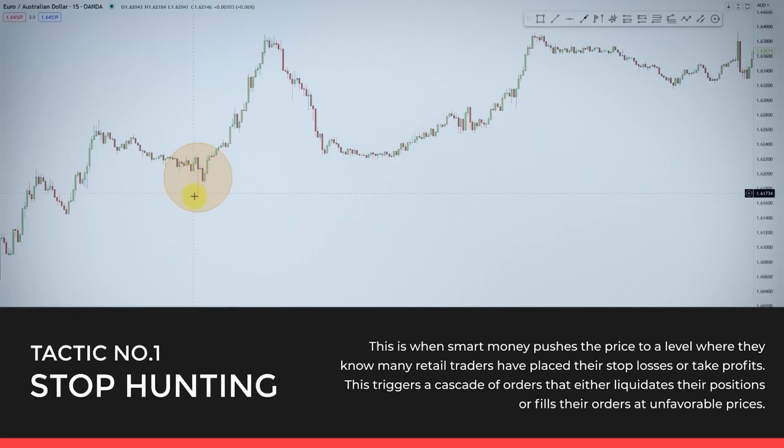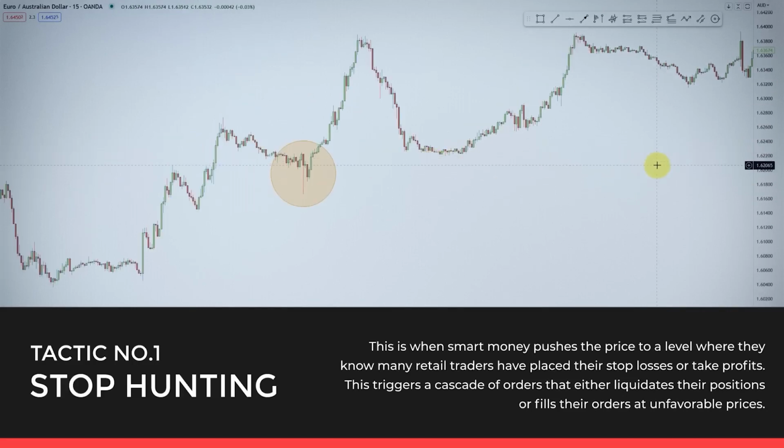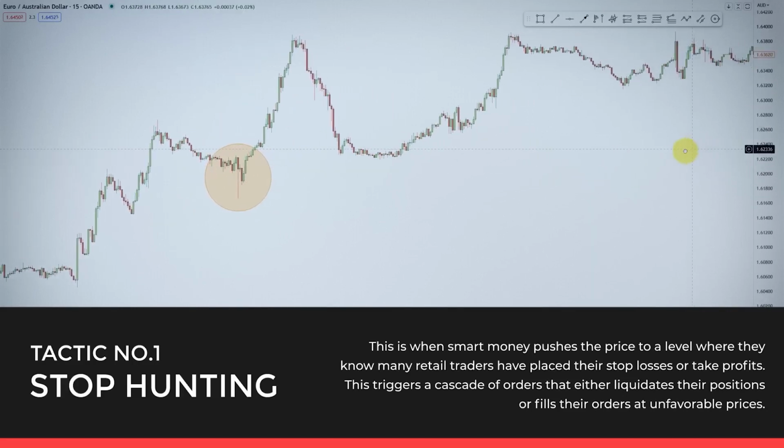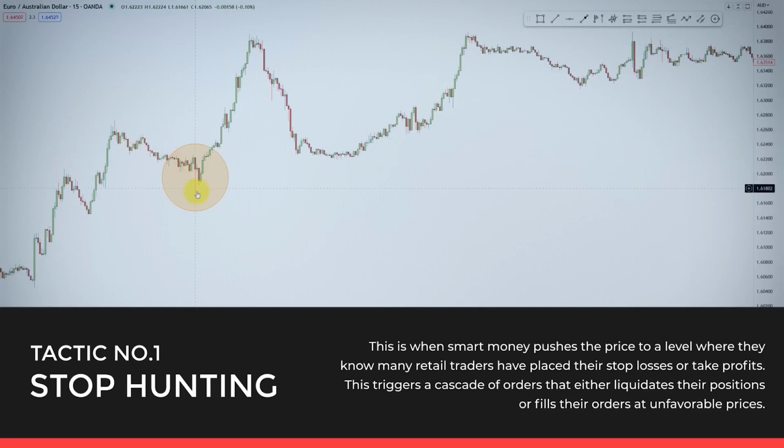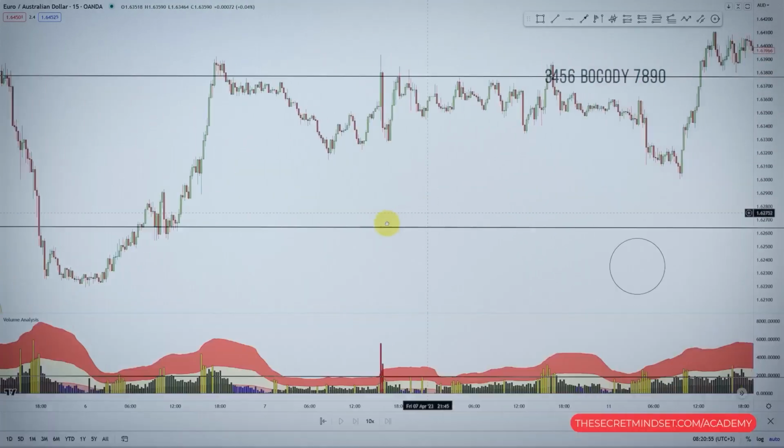This is when smart money pushes the price to a level where they know many retail traders have placed their stop losses or take profits. This triggers a cascade of orders that either liquidates their positions or fills their orders at unfavorable prices. This allows smart money to either exit their positions with a profit or enter new positions at a better price.